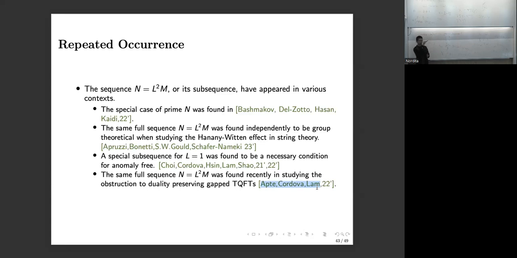There are also other subtle phases, and if you are on a non-spin manifold, then it's very difficult to work out the condition for those phases. I don't know the answer for that, but on a spin manifold, you can easily solve the condition for those phases, and it's exactly this condition.